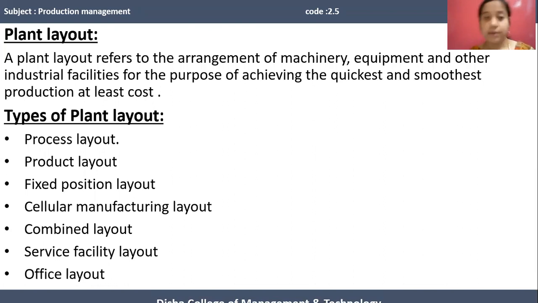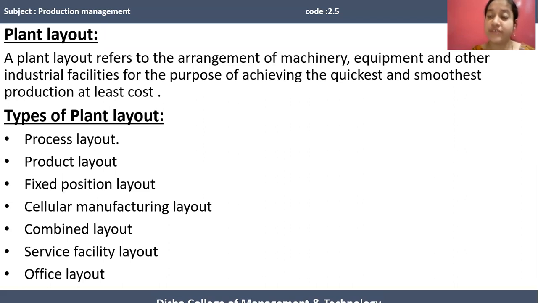Next one is the plant layout. So in plant location, the manufacturer or the industrialist identifies a proper place, a proper location for installing his plant. But in case of layout, the manufacturer, the industrialist is required to arrange all things which are necessary for producing a particular product in a sequential manner.